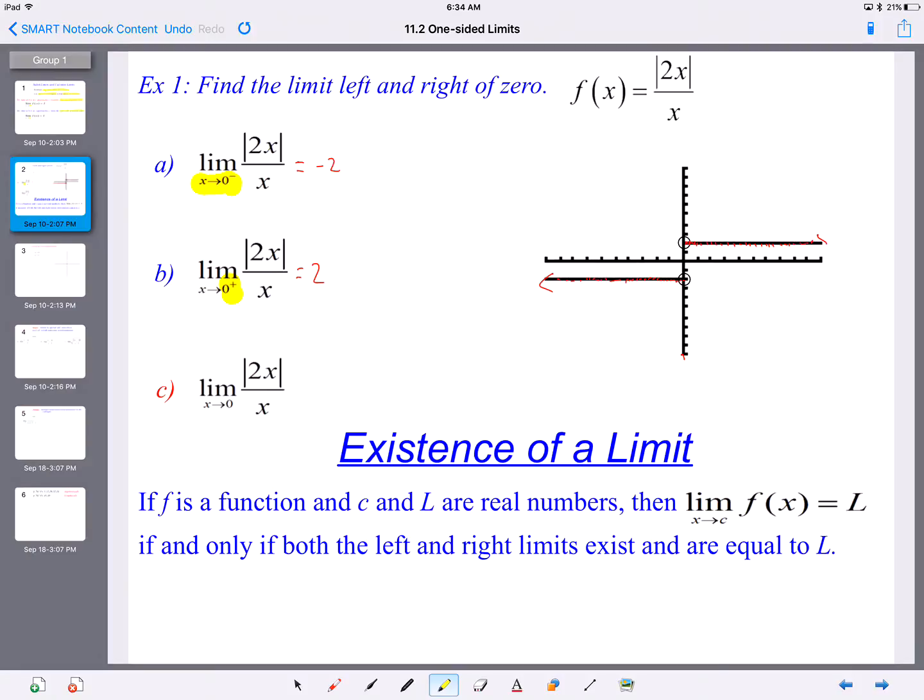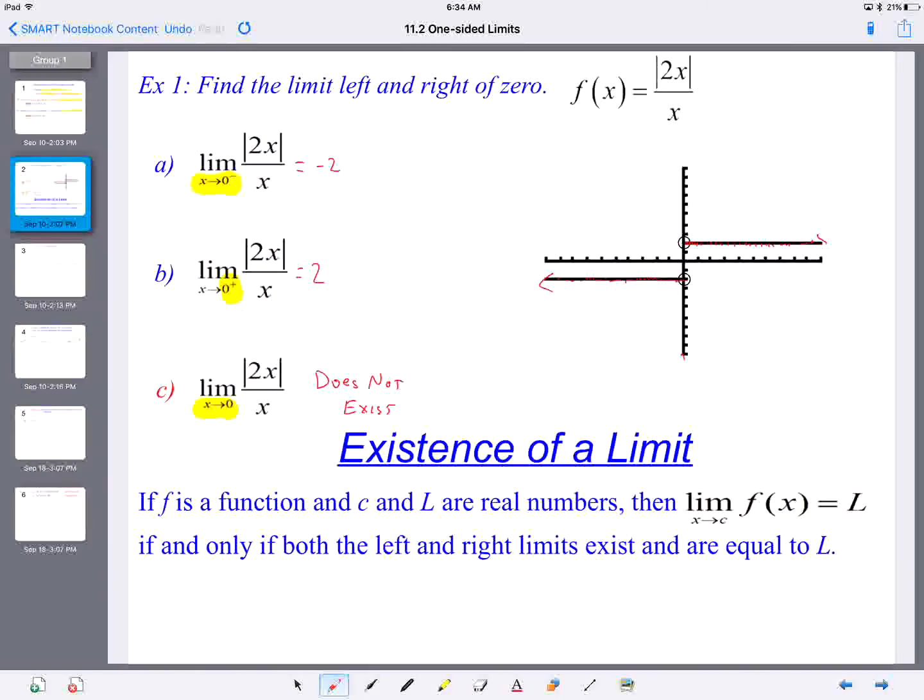Well, if we go back to what we did yesterday, then what's the limit as x approaches 0? Well, because it approaches two different values, then what do we say about the limit? It does not exist. Why?